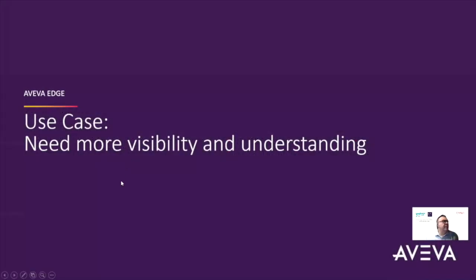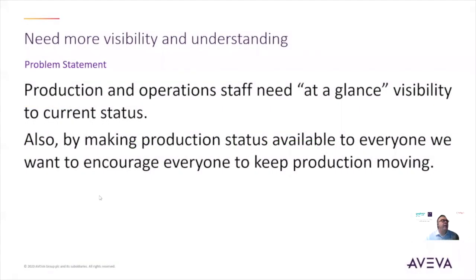The next thing is a use case where we need more visibility and general understanding of what's going on in our facility. Production and operations staff need at-a-glance visibility to current status. Maybe they're not near their office, not near a computer.